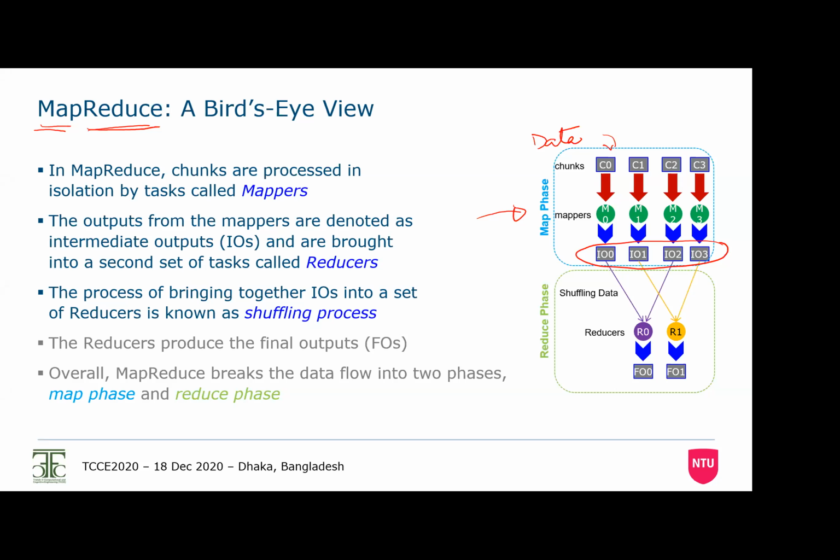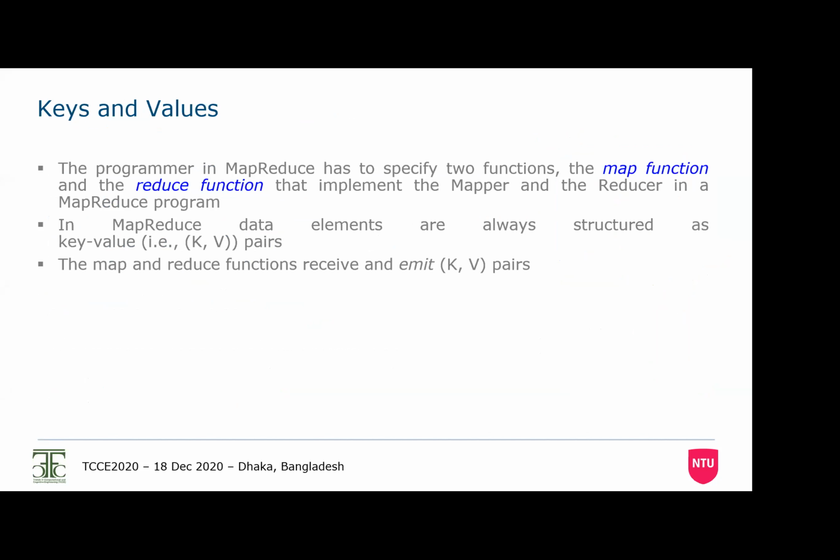Now, there is a very important concept called key value pairs. These key value pairs are used in MapReduce, which means you have a specific key and the value associated with that key, so that we know which key goes with which value, and then we can join them together when we are doing the reduce phase.